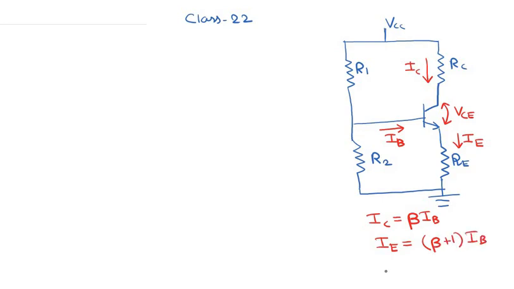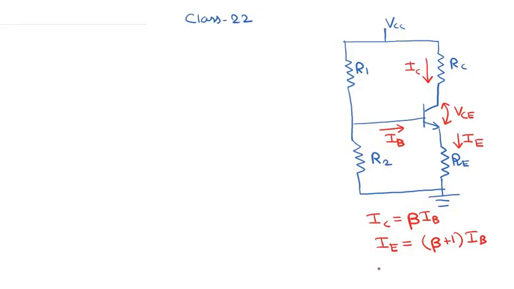So to find out the DC values of the collector current, the emitter current, and also VCE, we first need to find the DC value of the base current.